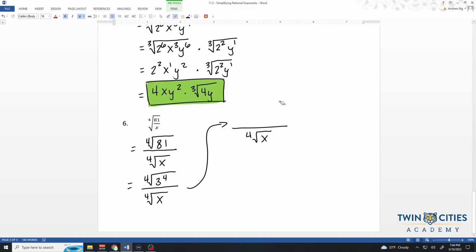Or no, sorry, this is actually just going to be 4 divided by 4 is 1. So this will just be 3. So 3 over the 4th root of x.